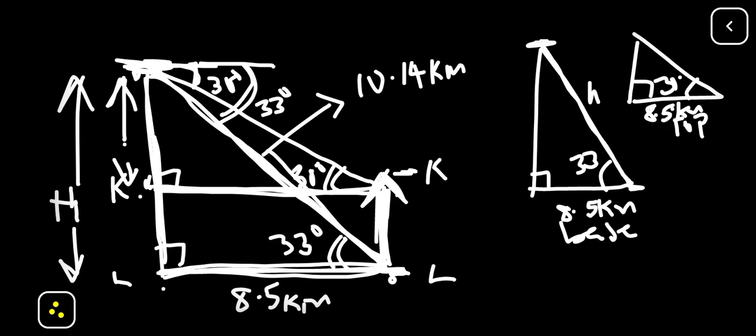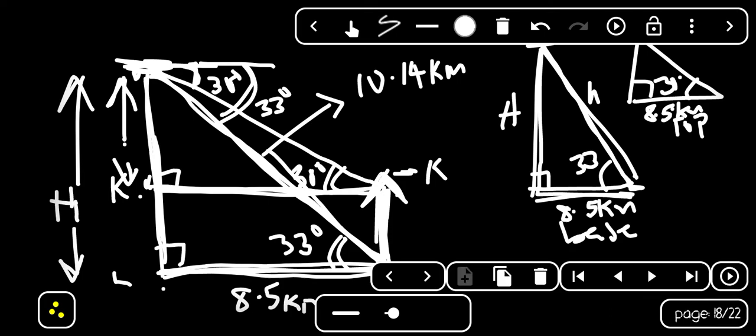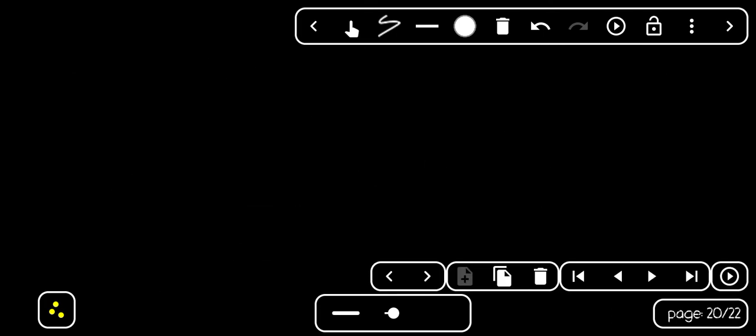First things first, let's find the bigger height from the pilot to the ground, and see what we can do with that. We already know we can use SOHCAHTOA also. Using this smaller diagram that I have here, you can have opposite, let's call it big H, over adjacent, which is 8.5. So we can use tan. Tan 33 degrees is equal to opposite, which is big H, over adjacent 8.5.